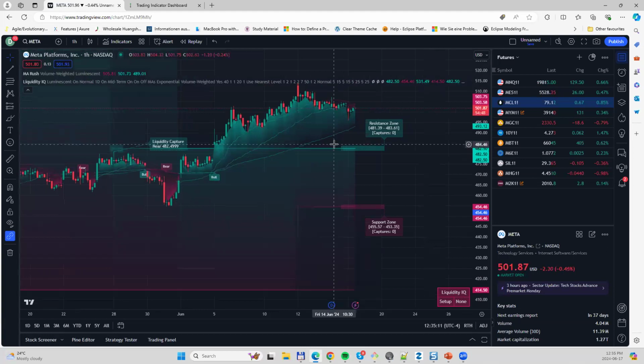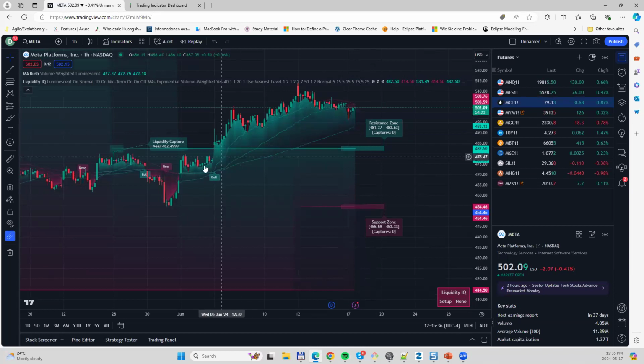And it is not unlikely that price, which retraced a little bit here, went higher, and retraced again, will, if it retraces all the way to this broken resistance zone, give us a very nice opportunity to enter long into Meta.